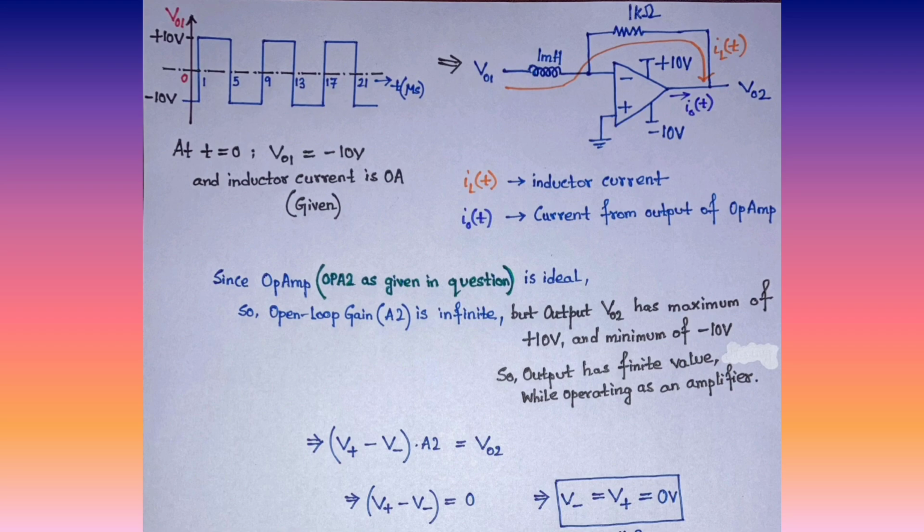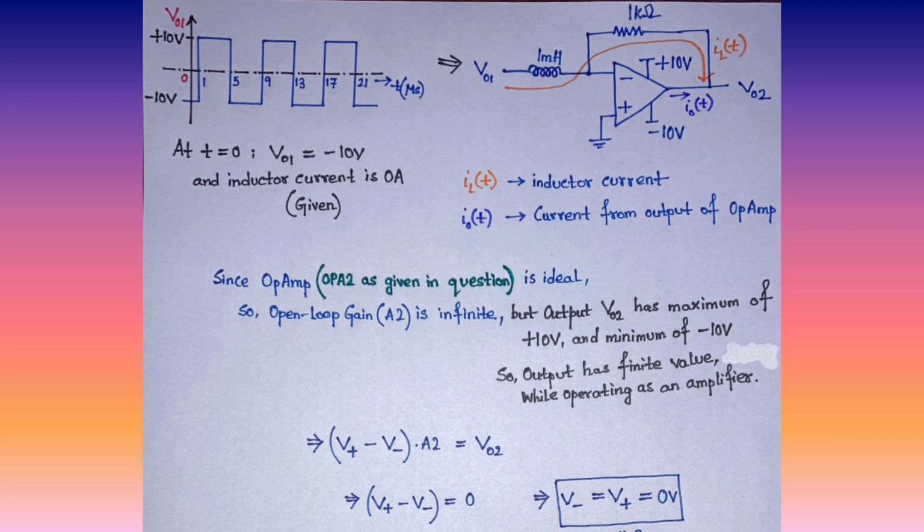So your error, the difference between the positive terminal and the negative terminal, has to be 0. So your V plus and V minus are both equal. So your V minus is becoming equal to 0, that is, your V minus is becoming virtual ground. So this op amp is forcing this inverting terminal to be virtually grounded.